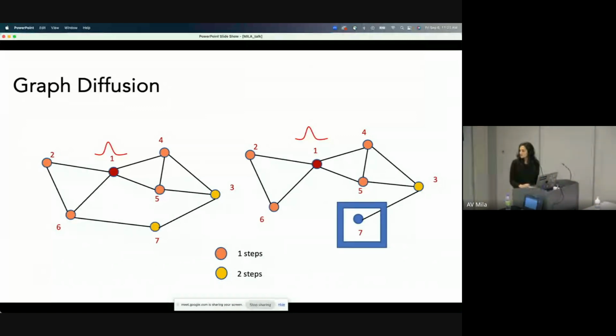It's stuck again. Is it moving online? Yeah. Just stop sharing and go directly to the graph diffusion. Now it's saying it didn't even come up with that screen.